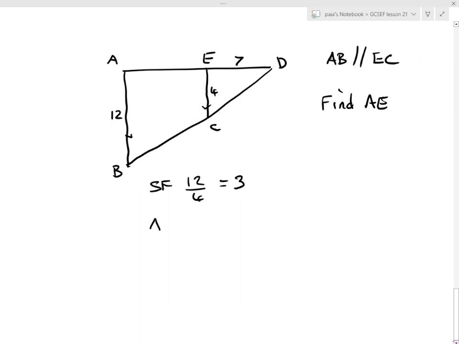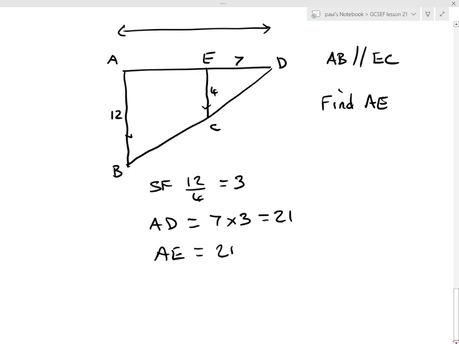So AD will be equal to 7 times 3, which equals 21. So the whole thing all the way up there is 21. So AE, which is what we're after, is going to be equal to 21 minus 7, which equals 14.